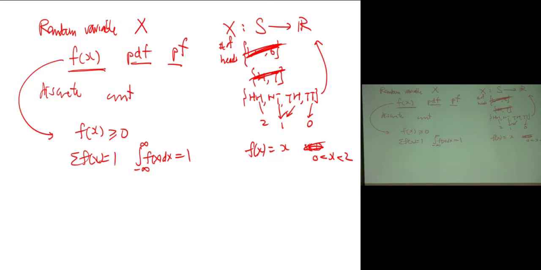Maybe on the safe side, I put a C here. This form of the PDF is only valid when x is between 0 and 2. So it will be 0 otherwise.